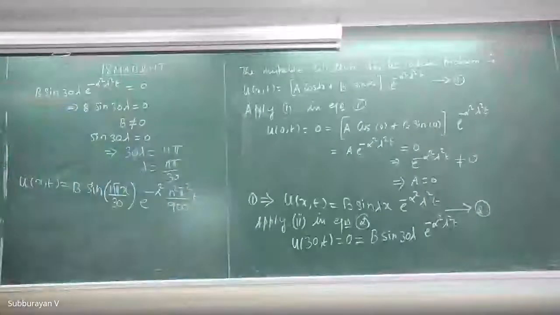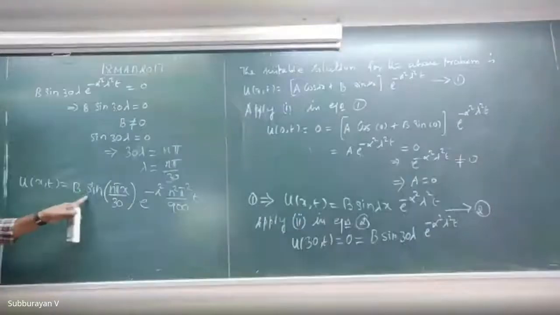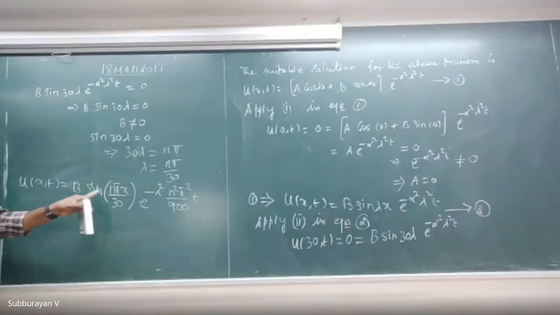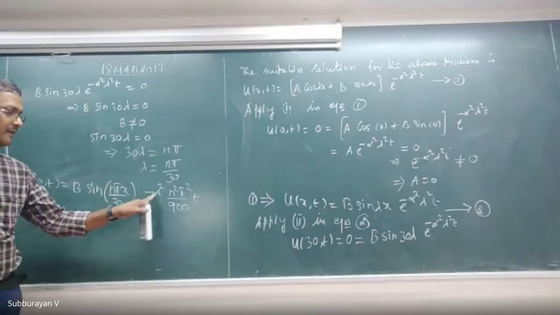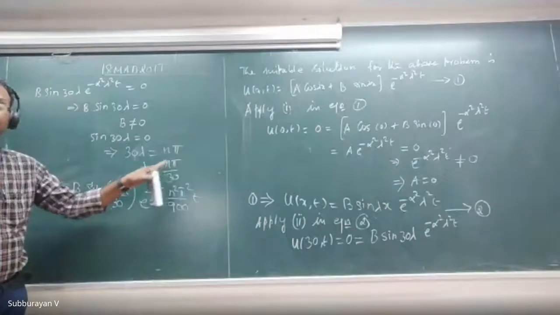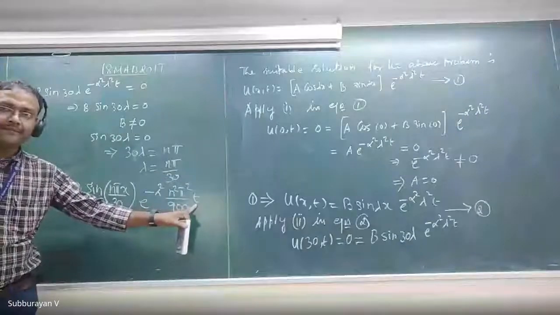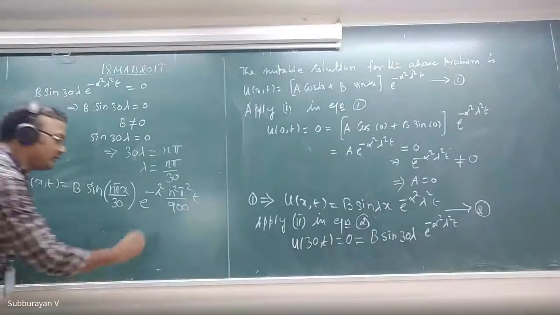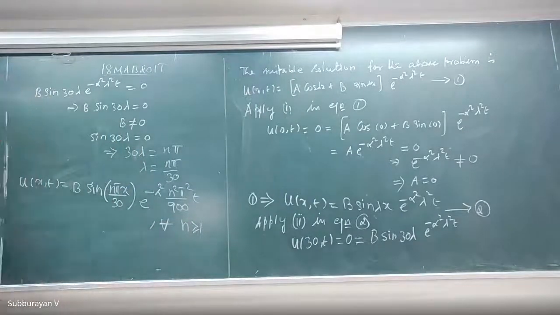Is it clear? b sine n pi x divided by 30 into e to the power minus alpha square, but lambda is n pi by 30, therefore n square pi square upon 900 into t. This is true for all n greater than or equal to 1.